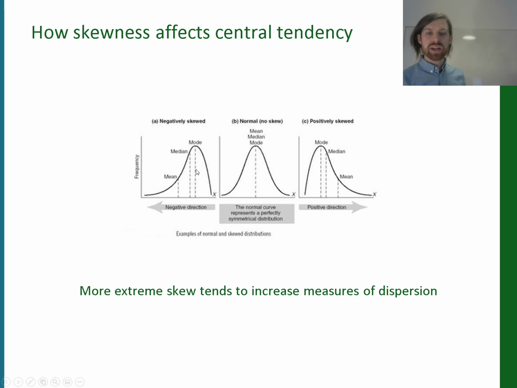In the case of negatively skewed data it's essentially the same, vice versa in a negative direction. The mode is again where you have the highest number of data points, the mean is skewed towards the negative numbers because you've got that long tail towards the negative numbers, and then the median is in the middle. Okay.